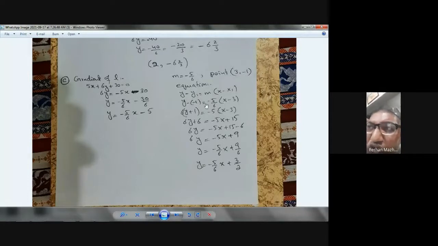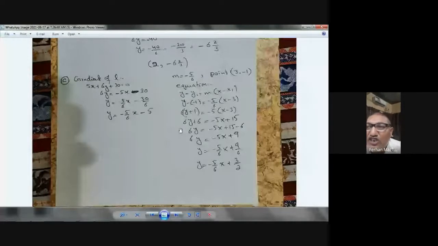So just substitute the values. This 6 will go to the left side, and it will multiply with these two numbers. So you will have y plus 1 equals minus 5 multiplied with this bracket, that is x minus 5. So you will have 6y plus 6 equals minus 5x plus 15. So you will have 6y equals minus 5x plus 15 minus 6, that gives you plus 9.